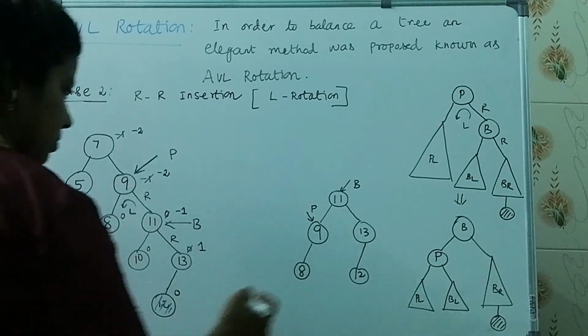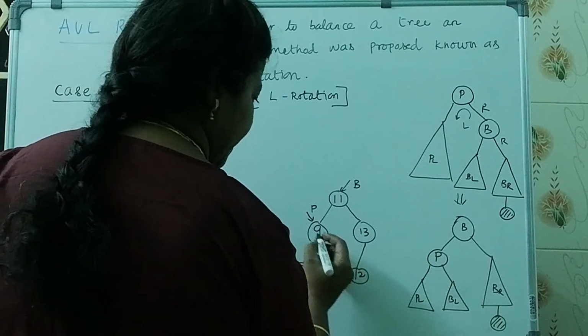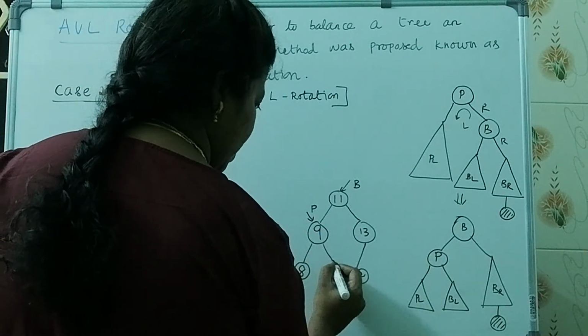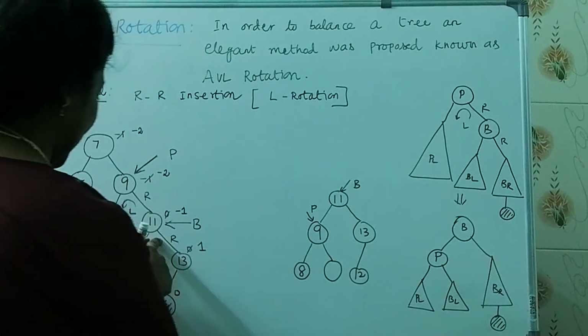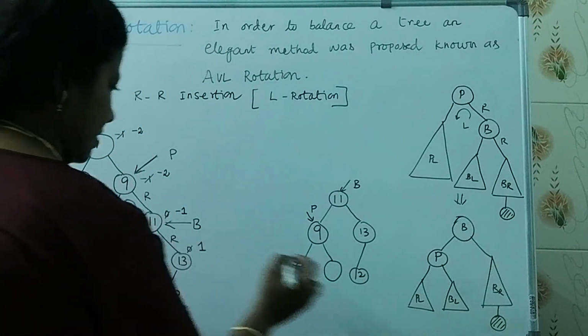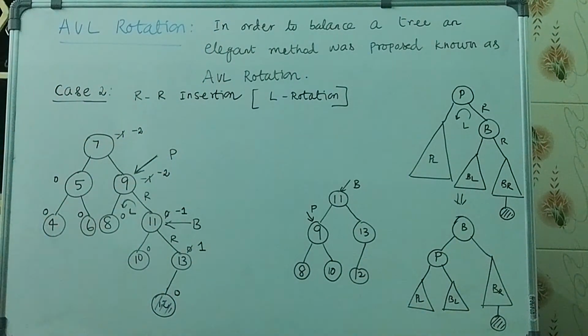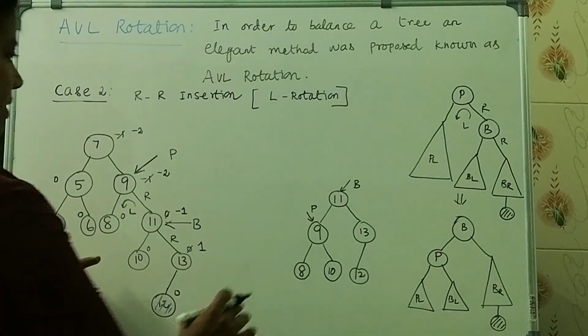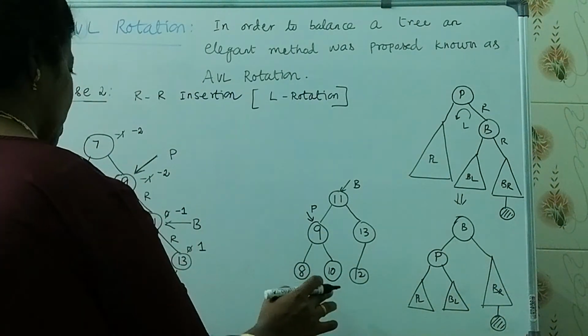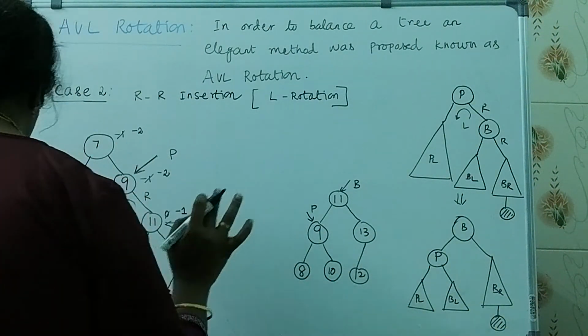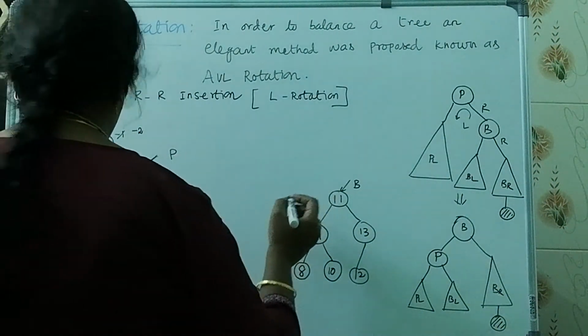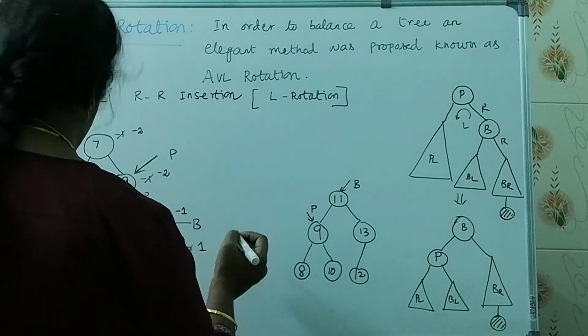So now where does it go? BL will go to the P. So now this is P. Now we can move BL. Left of B is 10. 10 can be inserted in the right direction. So this satisfies the property, and there are no other changes on the path, and the remaining nodes you can connect as such. Now here there is no change.